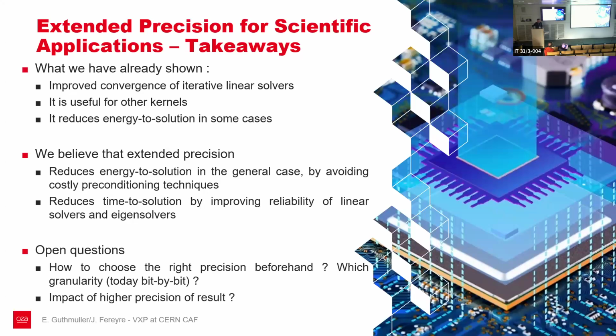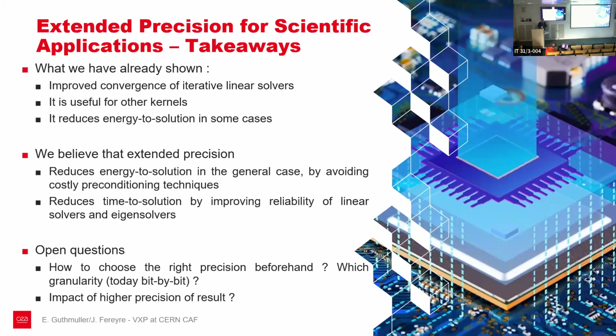Some open questions we still have: we don't know what would be the right precision before solving the problem. And actually there is no theory that could be helpful there. Yes, we could do it by having the full profile of eigenvalues, but if you have it, you already solved your problem, so it's not very interesting.